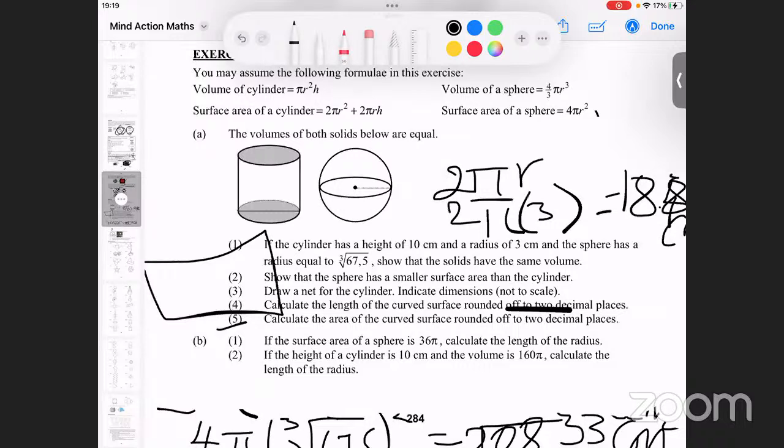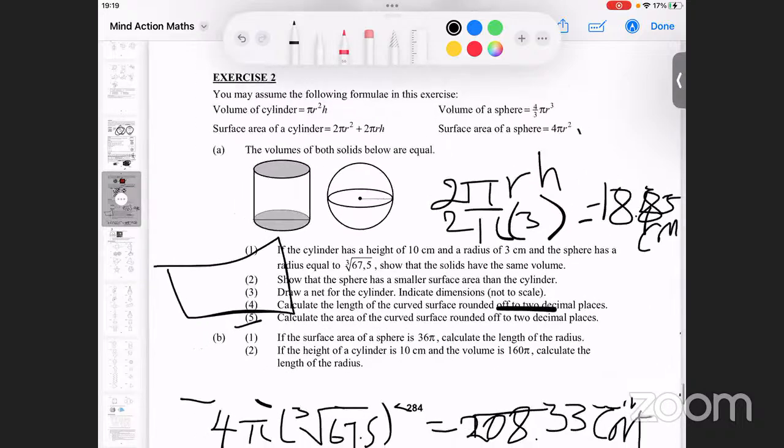Ma'am, is it 2 pi r times height? Perfect. So it's going to be 2 pi r h, okay? And when you substitute, how much are we getting?